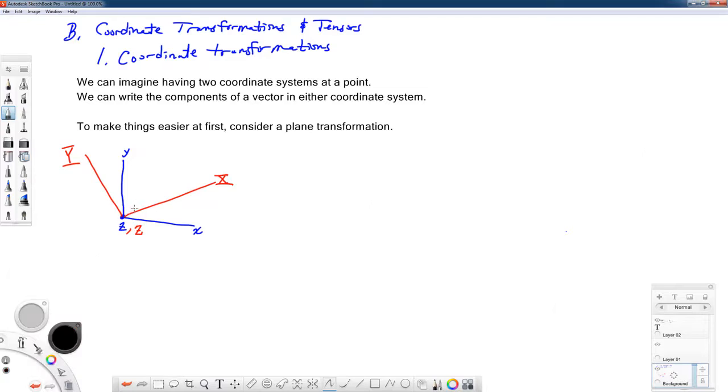So to start us off, we're going to take a look at a vector that's in this coordinate system, and we've talked about displacement vectors already, so let's just say that this vector we're going to call u. We can think of it as a displacement vector if you want, but it doesn't have to be a displacement vector. It's just whatever is convenient for us to look at, just some vector that we have right here.